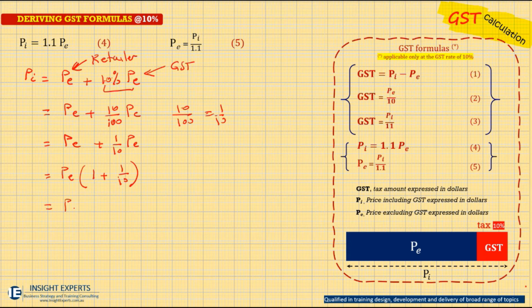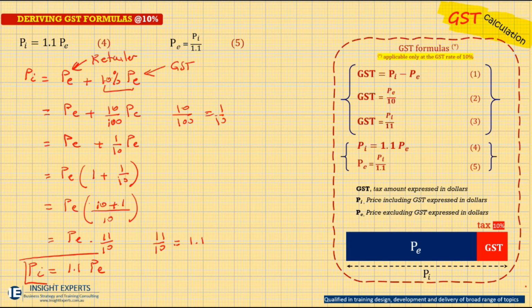And if we take 10 as a common denominator and do some additions here, 11 over 10. But 11 over 10, if you just punch in the number in the calculator, is equal to 1.1. So that's why I can rewrite the equation as 1.1 PE, and that is the price including GST, hence proving equation number 4.